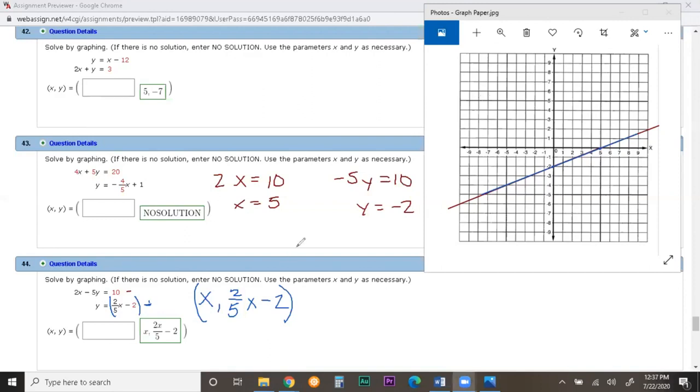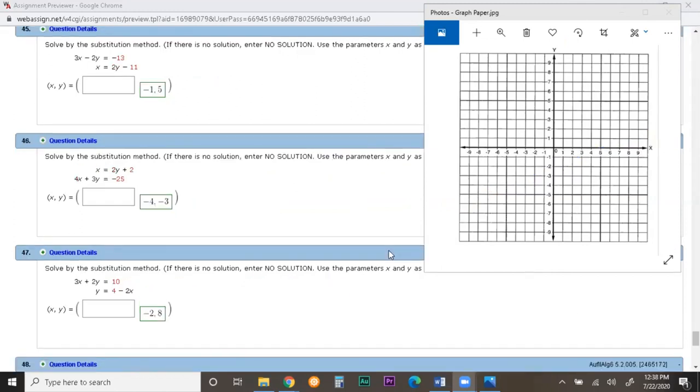Okay, so that was 42 to 44. So let's keep on going. 45 to 47 was on the substitution method, and that was objective 14.